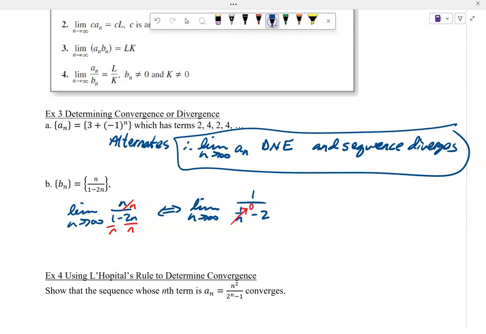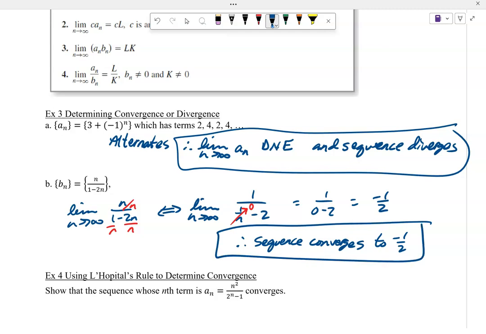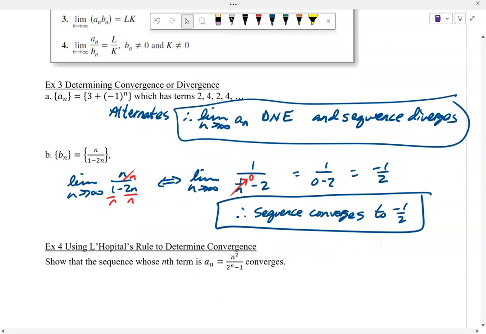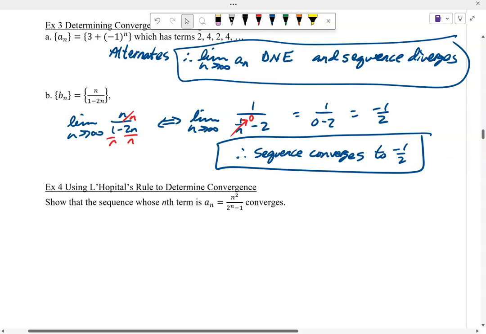And so we've got 1 over 0 minus 2, so I got negative a half. And so this limit as n increases in magnitude, our limit is negative a half. It gets closer and closer and closer to negative a half. Therefore, the sequence converges to negative a half.